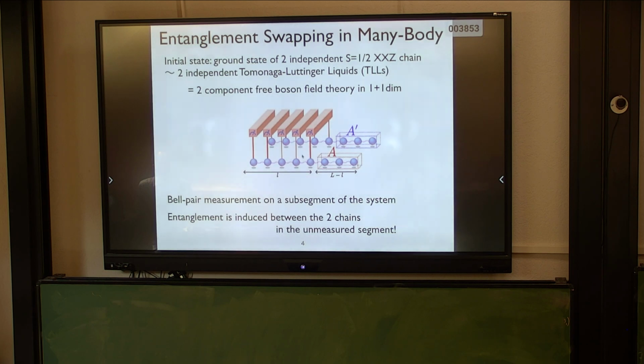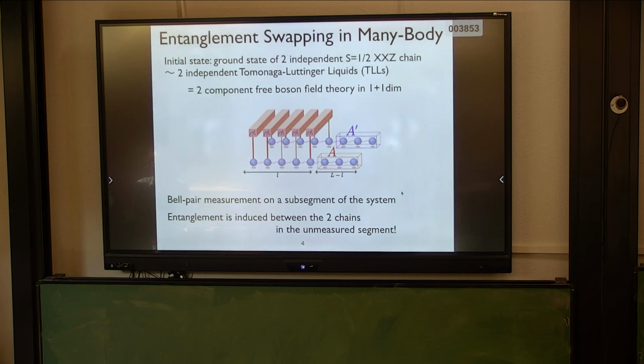Then you do the same to the next spin, again a Bell pair measurement, and so on. So in this left region, you perform Bell pair measurements between every pair of spins. But in the right region, you don't do anything. Initially they were in the ground state, but you only perform Bell pair measurements in the left region, and you don't do anything to the spins in the right region.